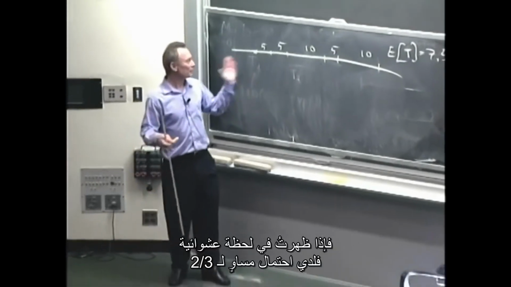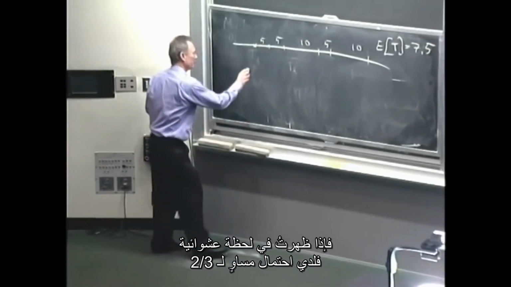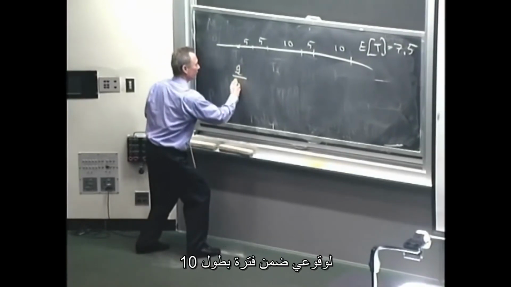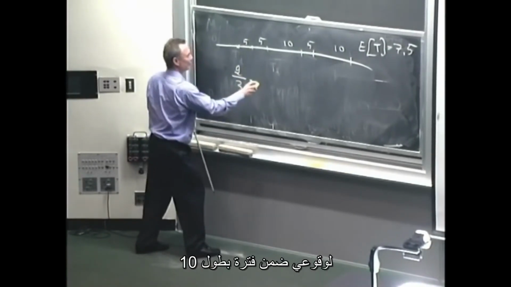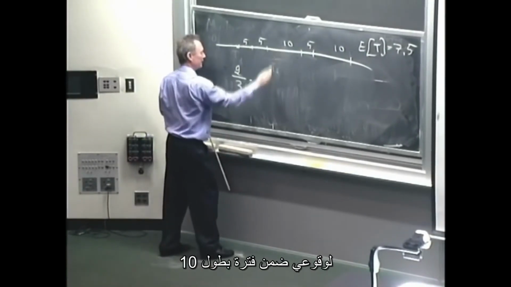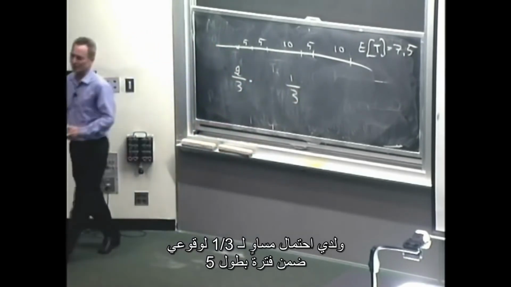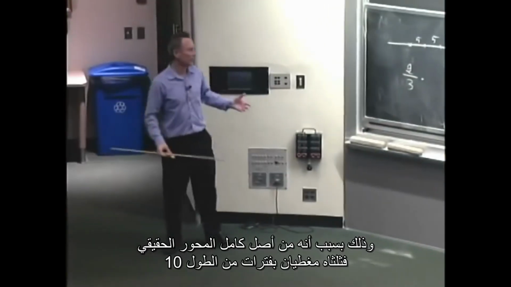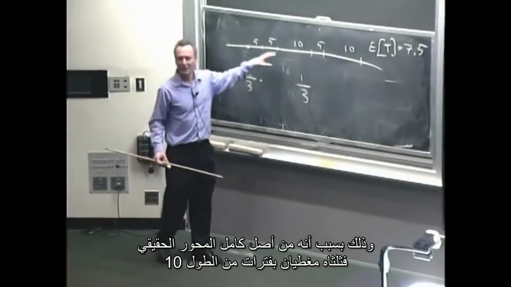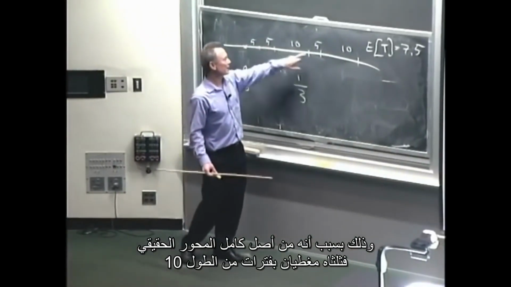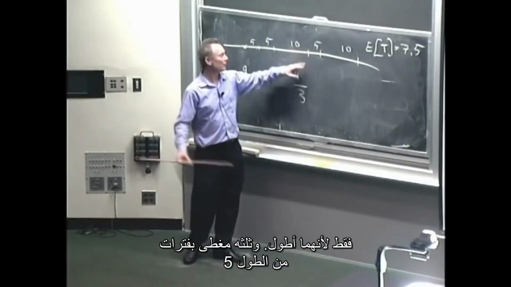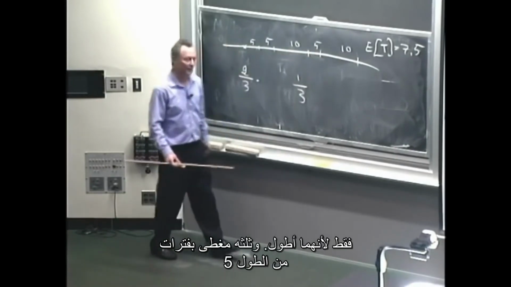So if I show up at a random time, I have probability 2/3 of falling inside an interval of duration 10, and 1/3 probability of falling inside an interval of duration 5. That's because out of the whole real line, 2/3 of it is covered by intervals of length 10, just because they're longer. 1/3 is covered by the smaller intervals.